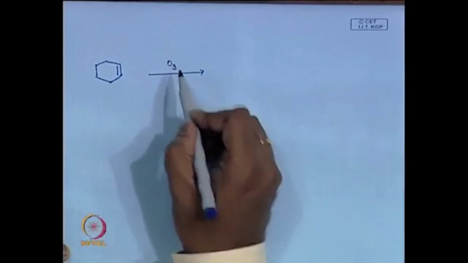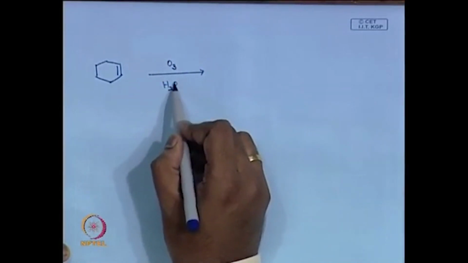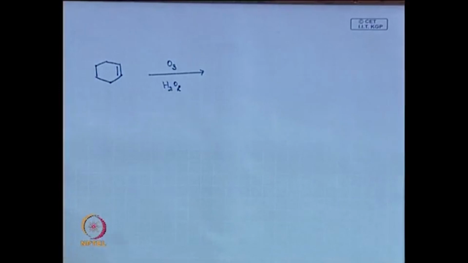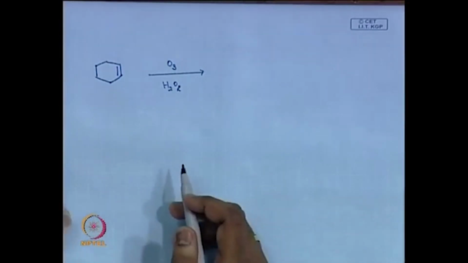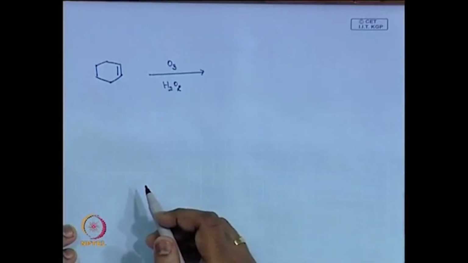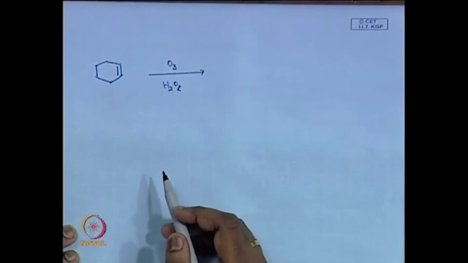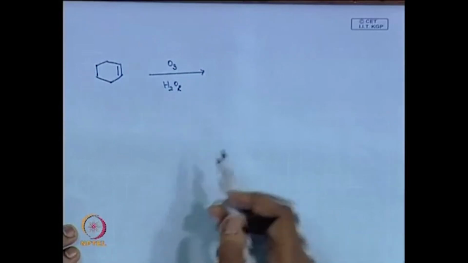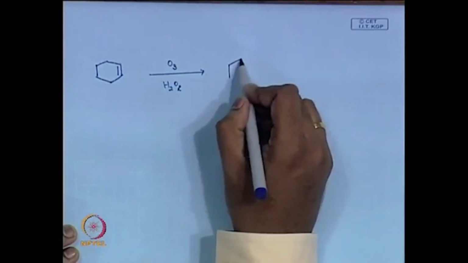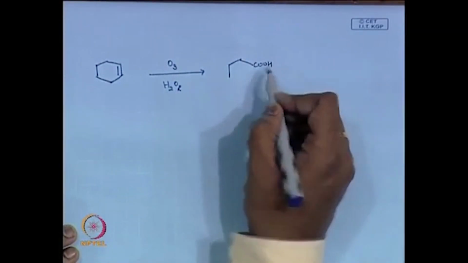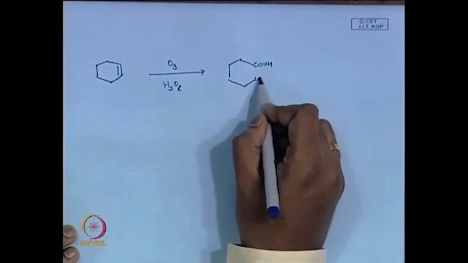If you do ozonolysis in the presence of hydrogen peroxide, what do you end up with? Simple, you get a dicarboxylic acid.